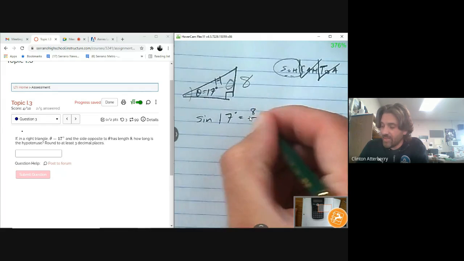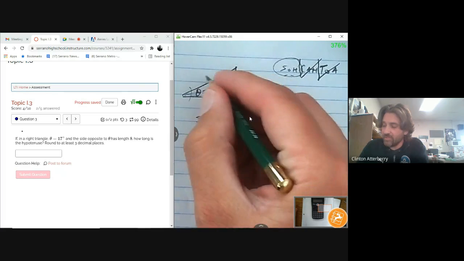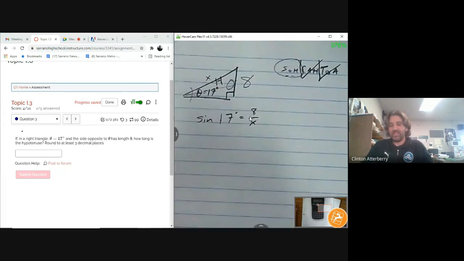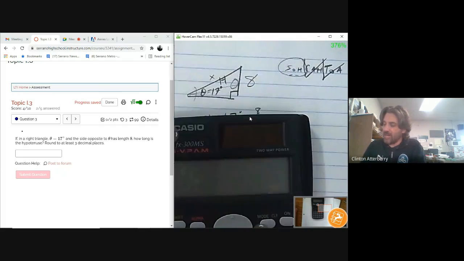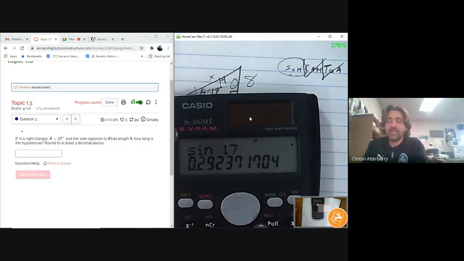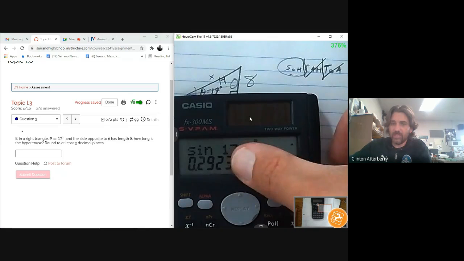So 8 divided by the hypotenuse, let's just call it letter x, like in algebra. Now in our calculators, make sure it's in degree mode, and say sine of 17 degrees is 0.292371704. It actually keeps going basically forever, since it's an irrational number. So we're going to cut it off at 4 decimal places, but you always look at the 5th number.